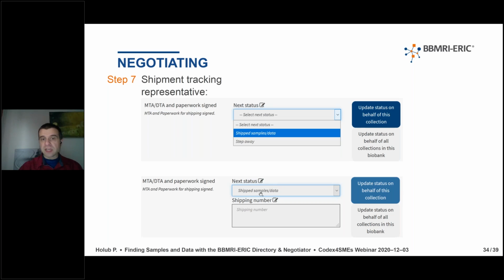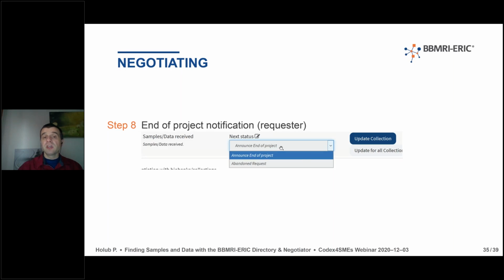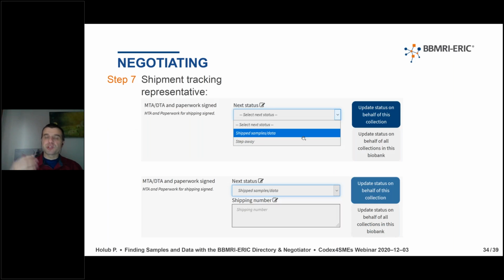You can also provide a shipping number as a part of this process to ease up the tracing of the shipment for the researcher. And I have skipped one step here, but the researcher is also indicating if the material and the data is received, so that we have a confirmation in the negotiator that the material or the data was successfully delivered.